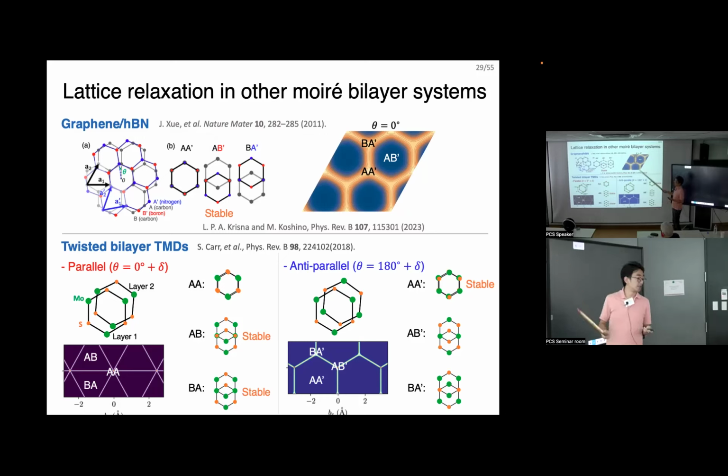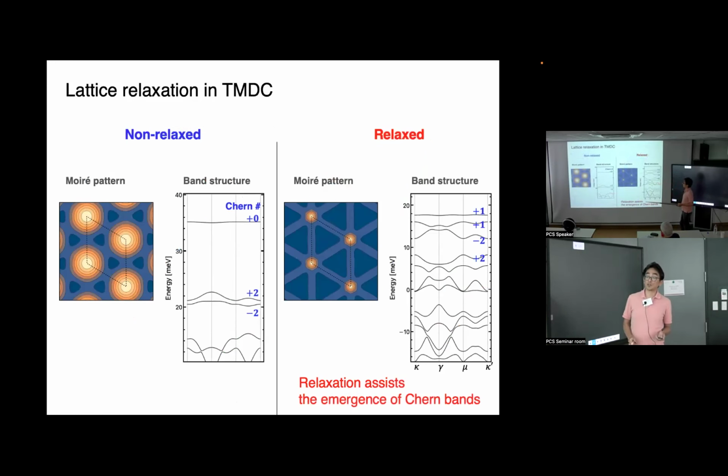But now, anyway, if you overlap the twisted TMD, the 0 degree case is like this graphene case. And again, in this case, lattice relaxation gives a very important example.